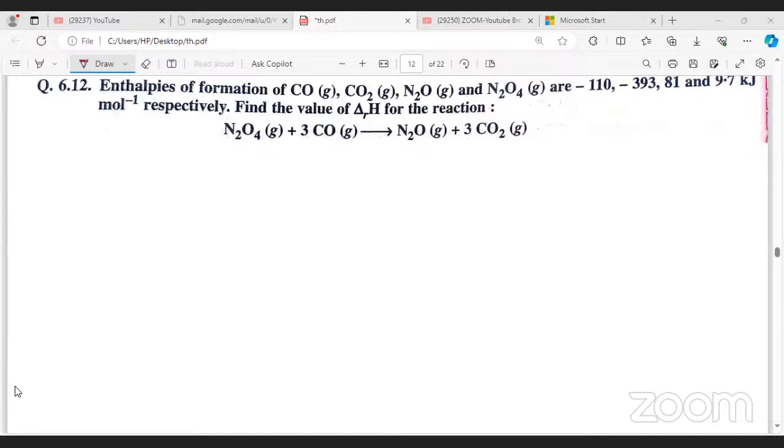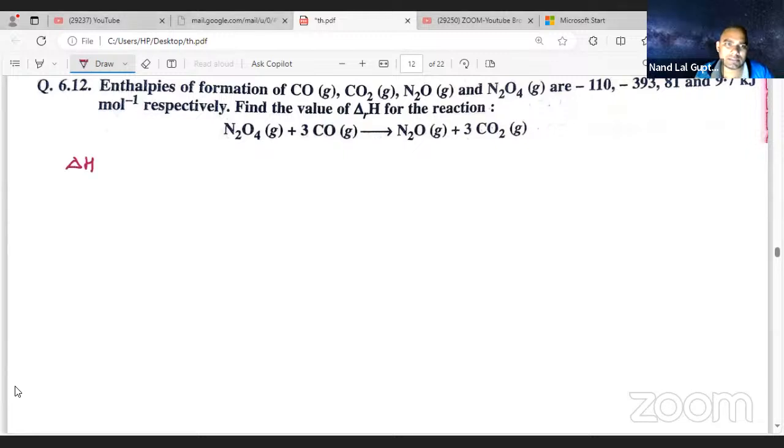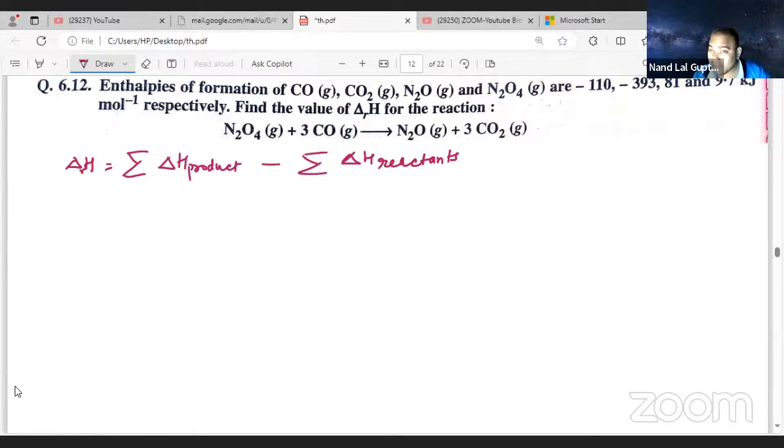Otherwise, see, this can be done like this. Delta H of reaction is equal to summation of delta H of products minus summation of delta H of reactants. This is the formula. Whatever enthalpy is released in the formation of products minus formation of reactants.